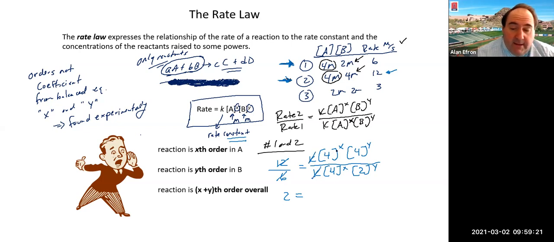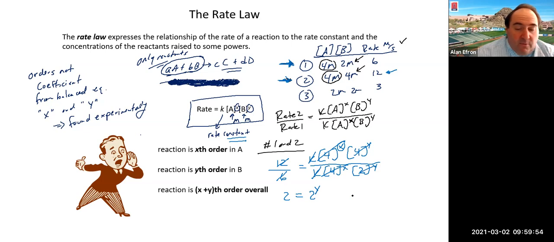Likewise 4 to the X on top and 4 to the X on the bottom: we do not know what X is, but it would be the same on top and bottom, so those also cancel out. That leaves 4 to the Y divided by 2 to the Y, which ends up giving us 2 to the Y when you divide that out.